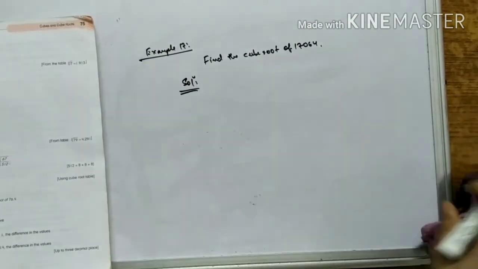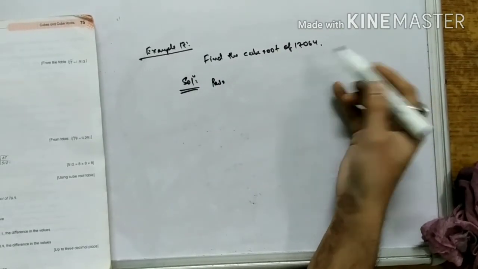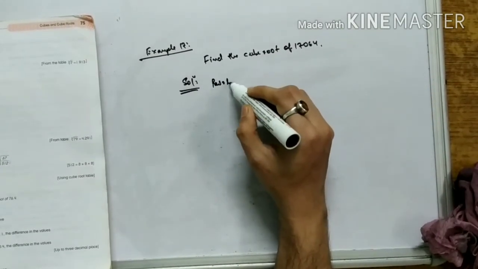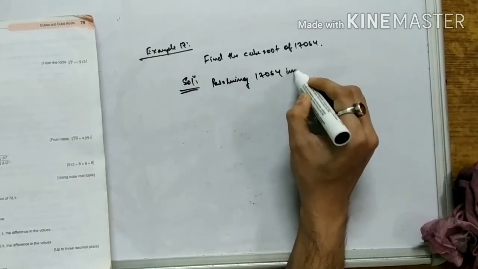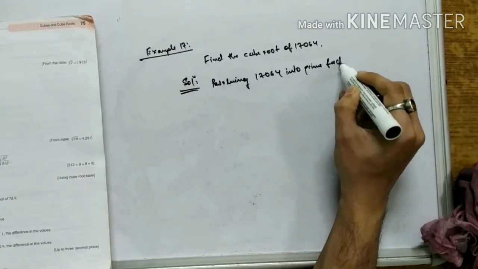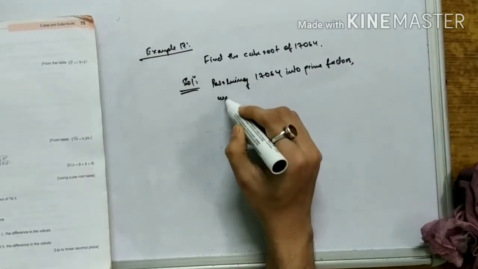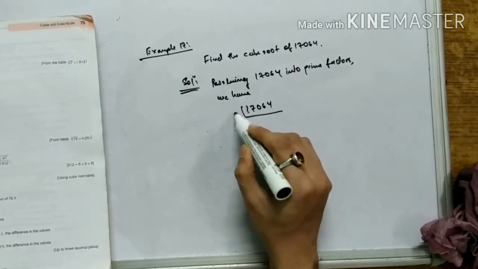You can write it in this way: resolving 17064 into prime factors. Whatever you write in the book, it is given like that. We have 17064, prime factorization I'm doing.